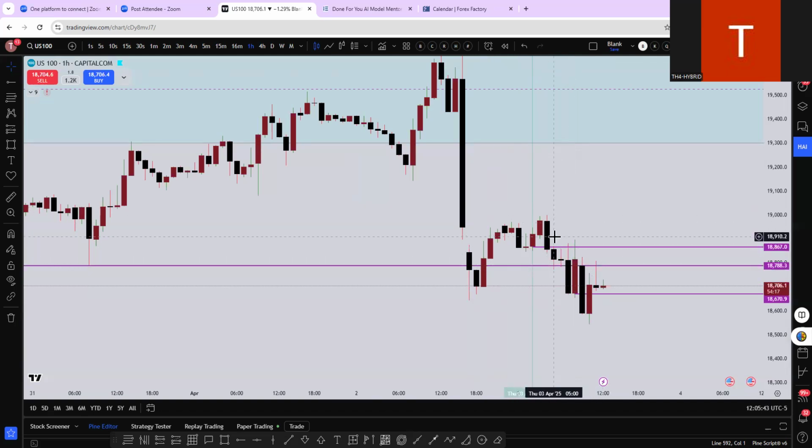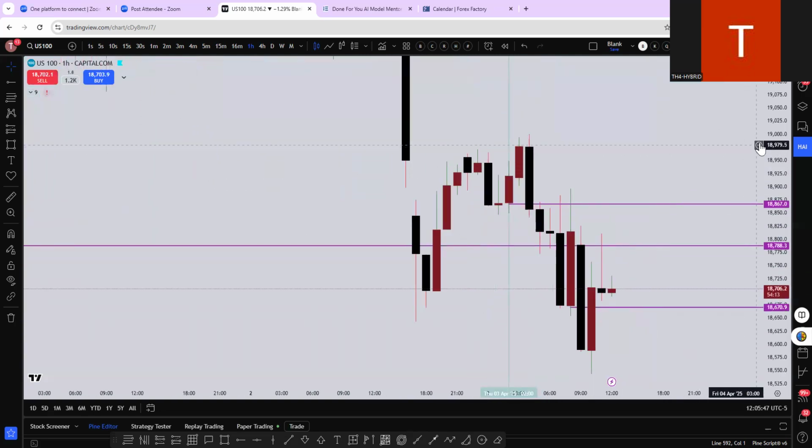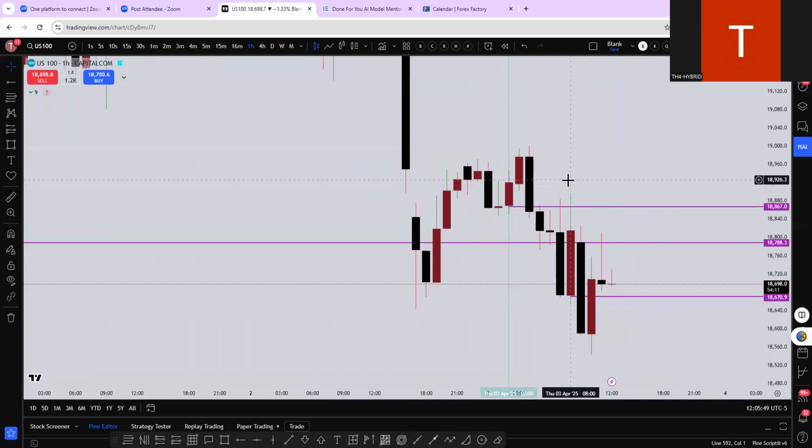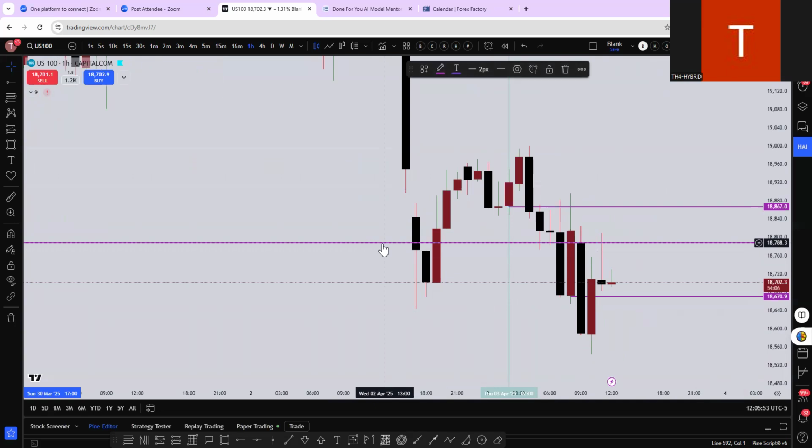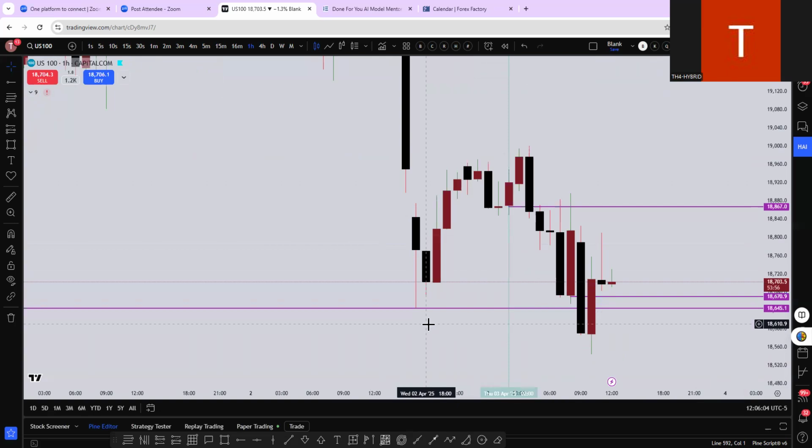But when we're marking the key levels, all we want to do is mark the main ones. So this daily low right here, you can stay or you can move it to the hourly low. So if we're bearish, this is the low that I'm looking at on the 1 hour.